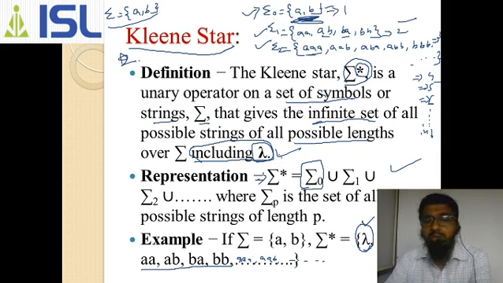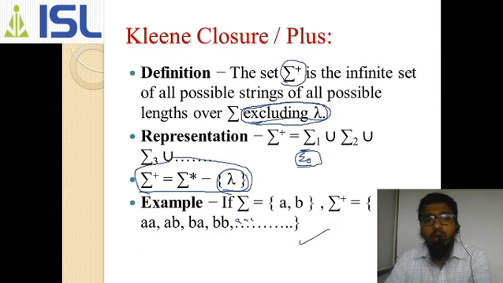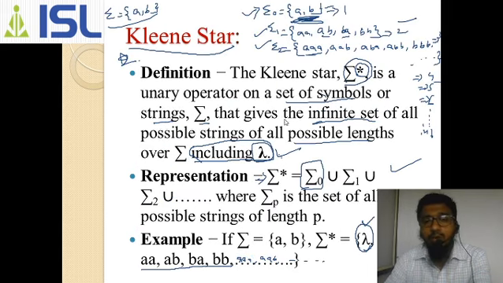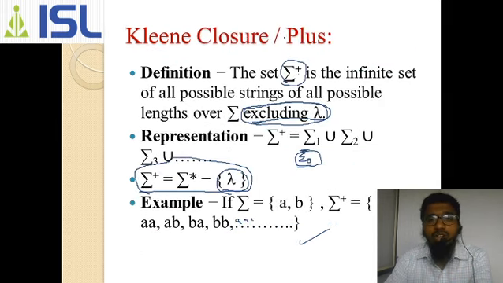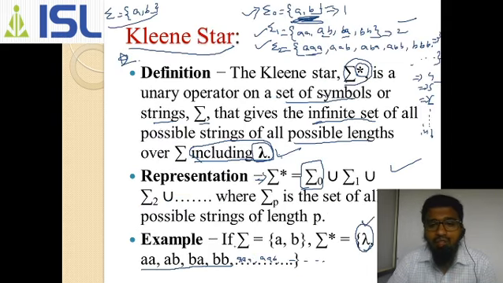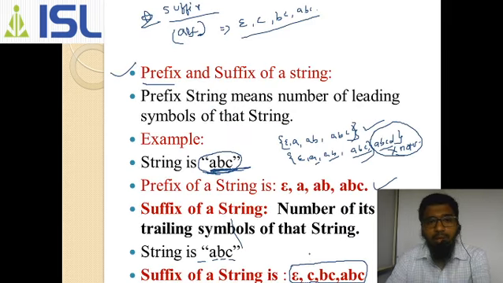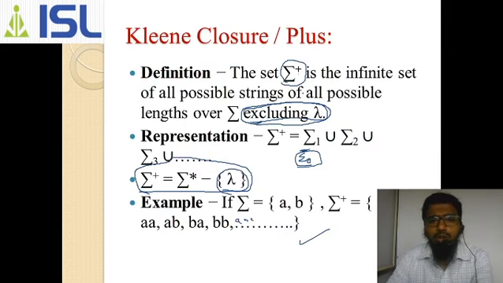This is one major difference between Kleene Star and Kleene closure. The first difference is that Kleene Star includes lambda and closure excludes it, and Kleene Star starts from sigma 0 while closure does not start from sigma 0. So if sigma is equal to a, b, sigma star is equal to lambda, the empty string, a, b, and so on. Now this is Kleene closure.